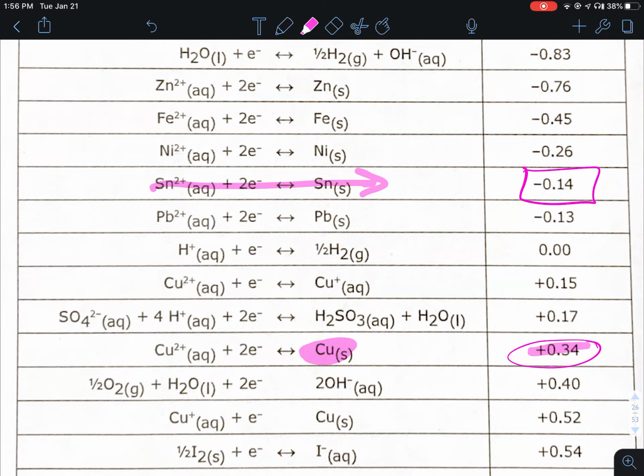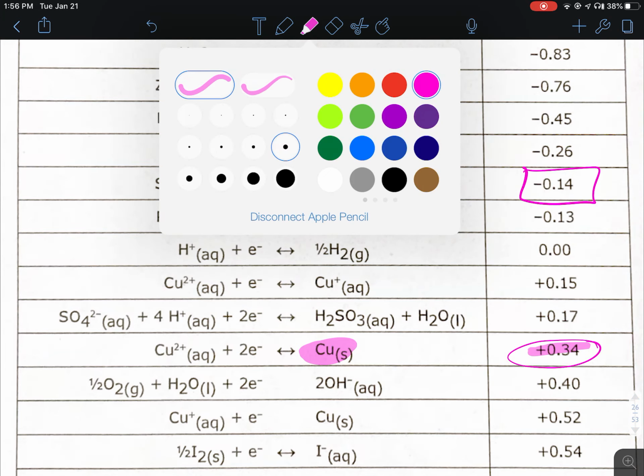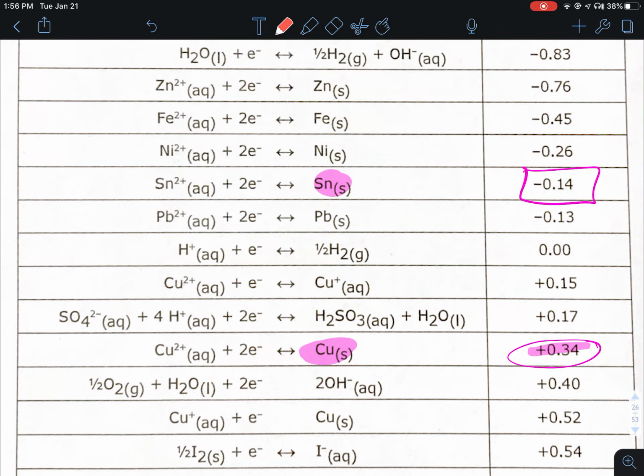This is reduction in this direction, is negative 0.14. Well, I'm not interested in the reduction. I have not been given tin ions in this case. I've been given tin metal. So tin metal is going to be oxidized. That means it's going to go in this direction.